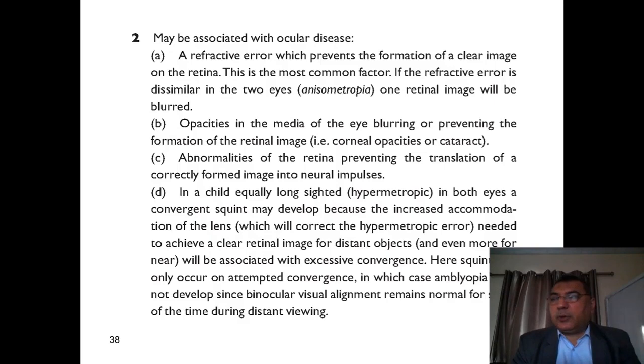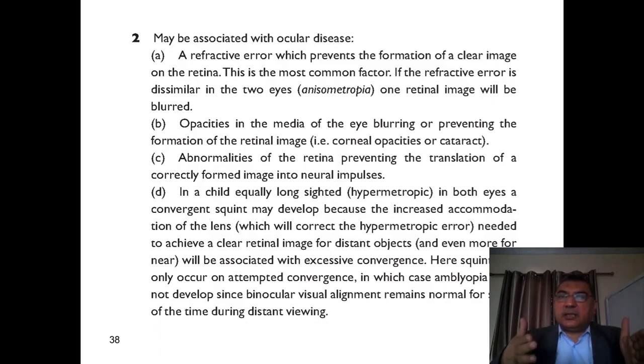Number A is where we have a refractive error in this eye. For example, in cases of anisometropia, where one of the two eyes is weaker than the other, either high myopia or high astigmatism, so the image is not clear, and in the left eye the image is clear.